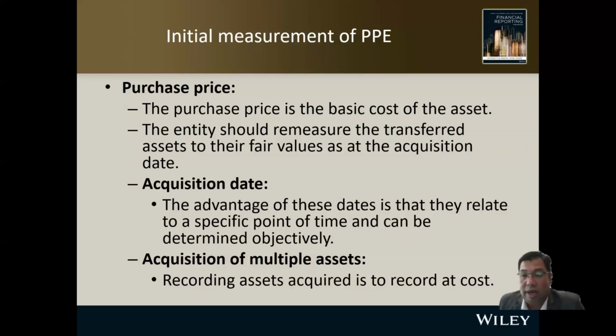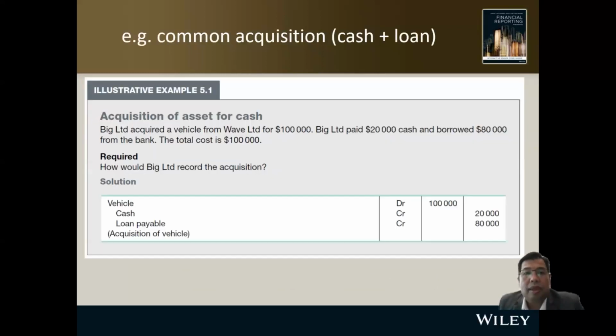When did you receive the item? When the risks and the rewards have been transferred. All right. In certain cases, we acquire multiple assets, and we are going to record these as well at cost.